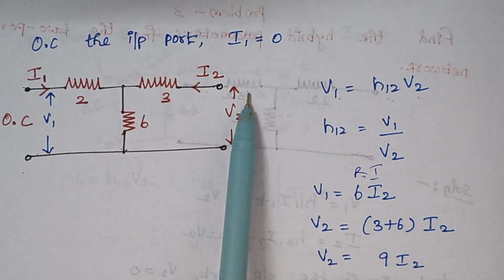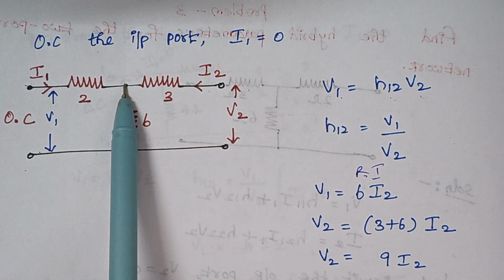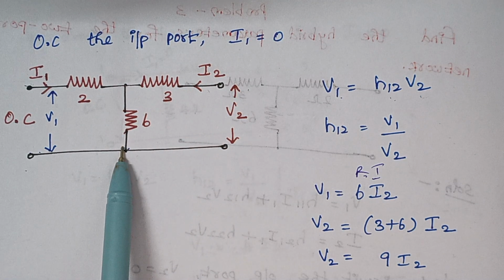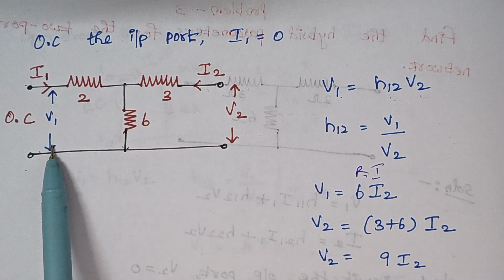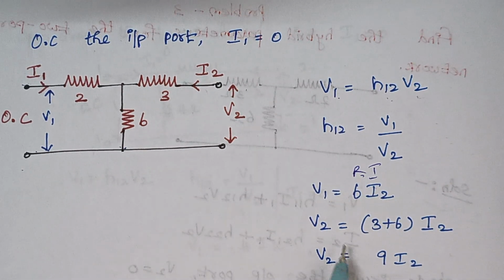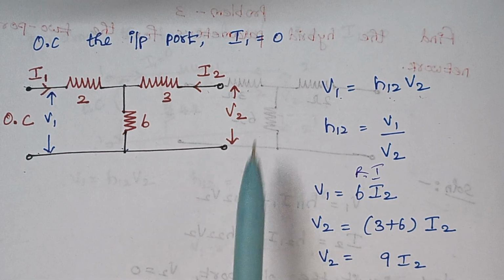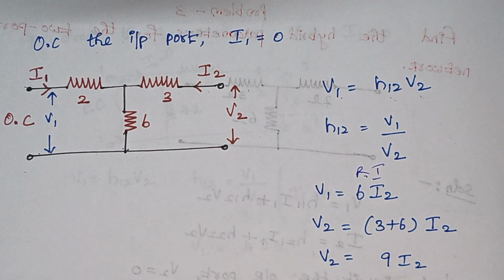Similarly, while writing the expression for V2, the current that flows through this 3 ohm again flows through this 6 ohm. It never flows through this 2 ohm, because here there is an open circuit. Therefore V2 is given by I into R, where the current that flows through this circuit is I2. And what about the resistance?